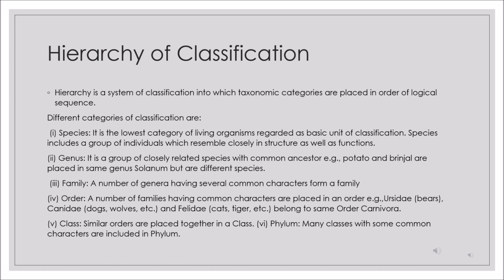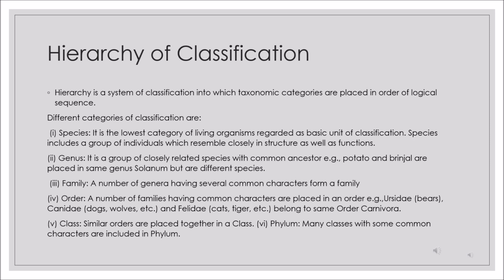And the second one is genus. Genus is a group of closely related species with common ancestors. In a genus, similar species are put together. They may be related. For example, we can take the hibiscus flower itself. In that, we have color variation.